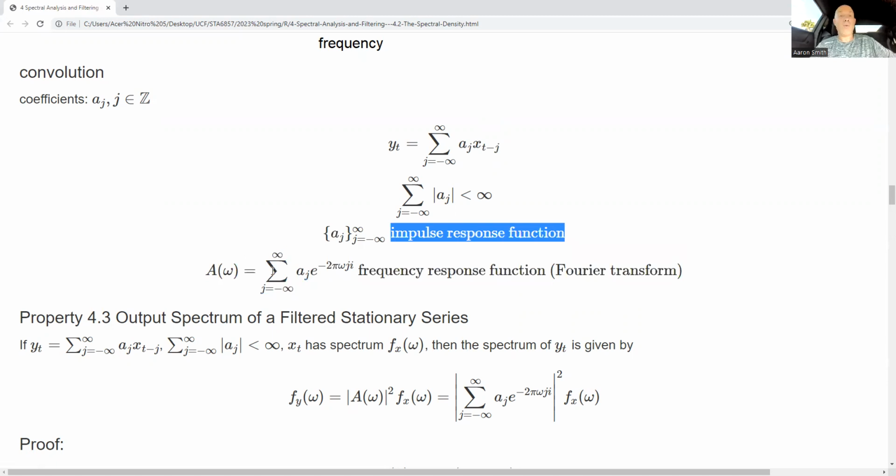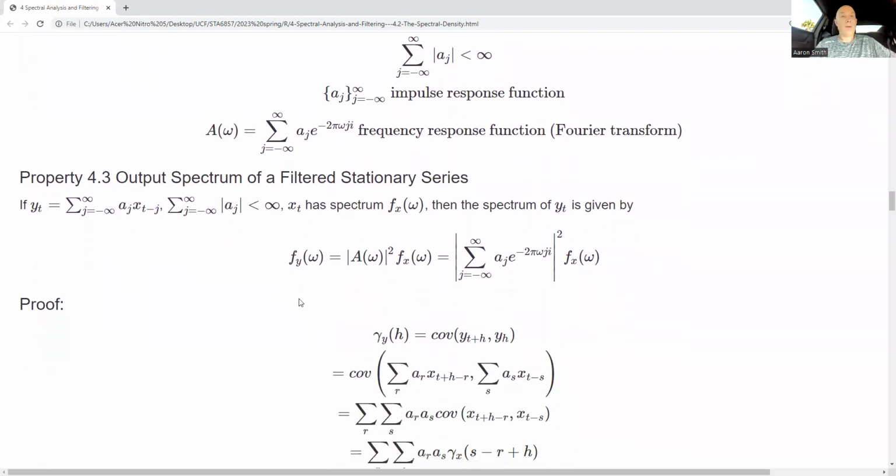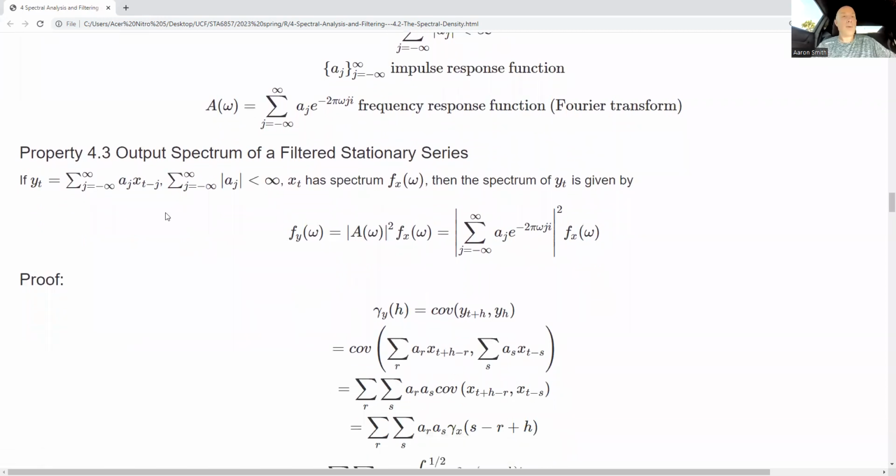And if I do a Fourier transform on the impulse response function, we will get this function here of omega. So now, here is the output spectrum of a filtered stationary series.